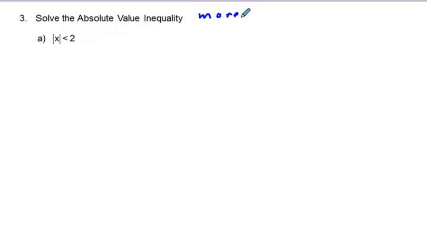More is or, and less is nest. What that means is that for less than, you're going to get a single interval. And for more, you're going to get a less than interval or a greater than interval.